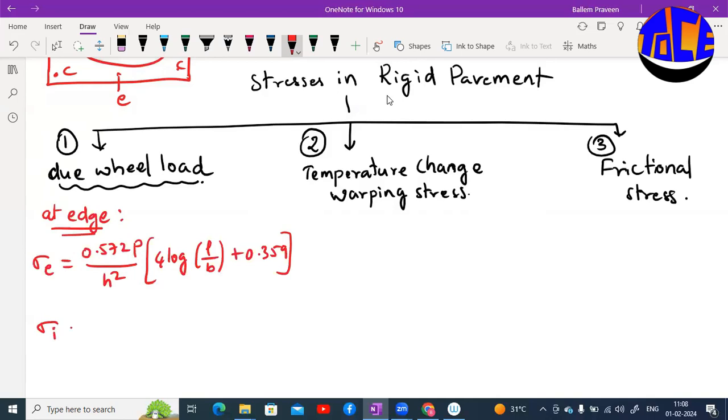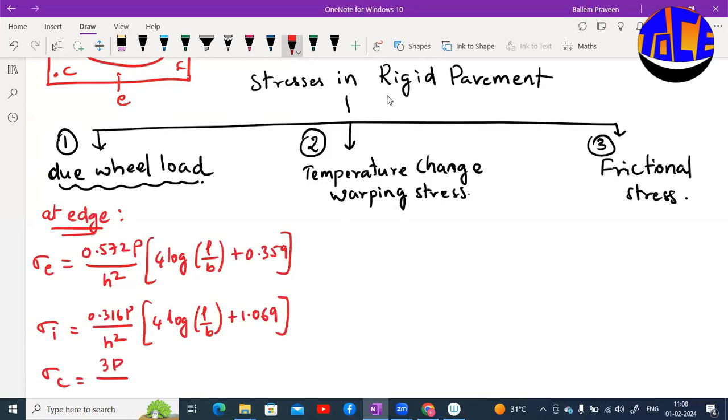Coming to stress at interior: 0.316 P by H square into 4 log L by B plus 1.069. And coming to stress at corner, sigma C is equal to 3P by H square into 1 minus (A root 2 by L) to the power of 0.6.